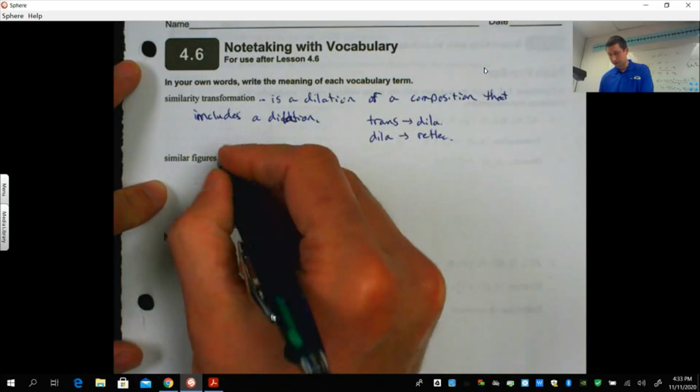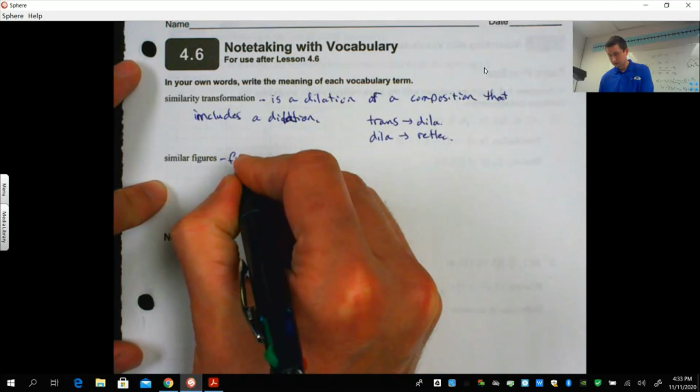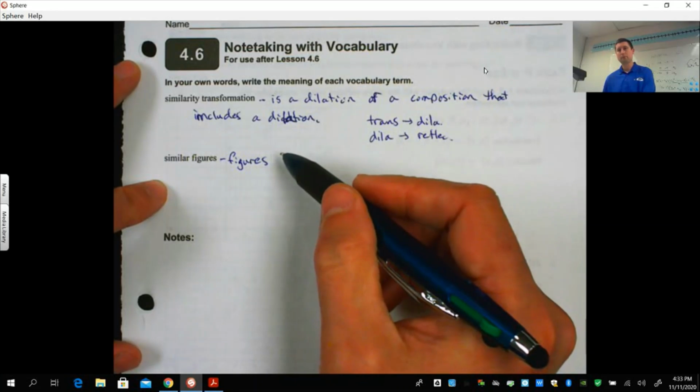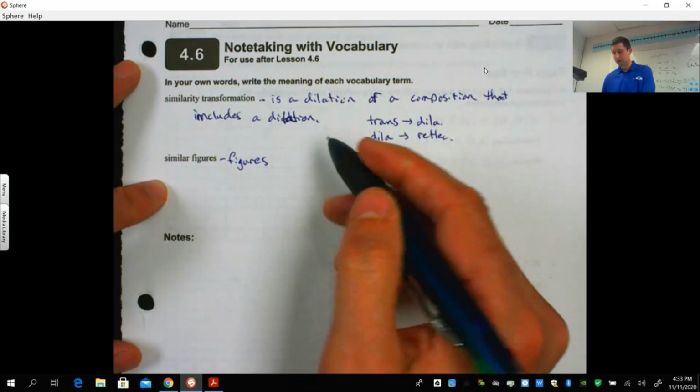Okay, similar figures. That's going to be figures that have some sort of transformation that can map one to the other.